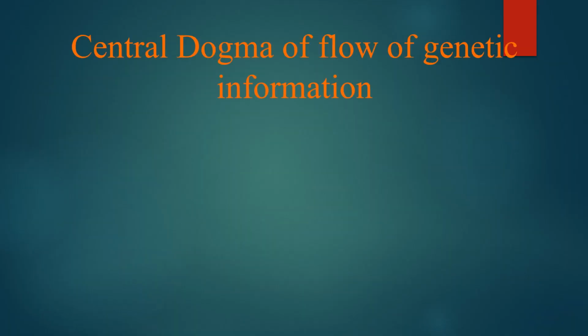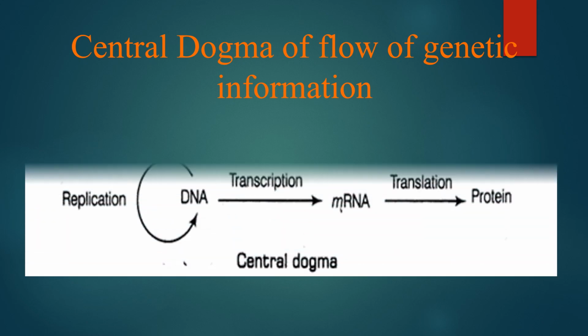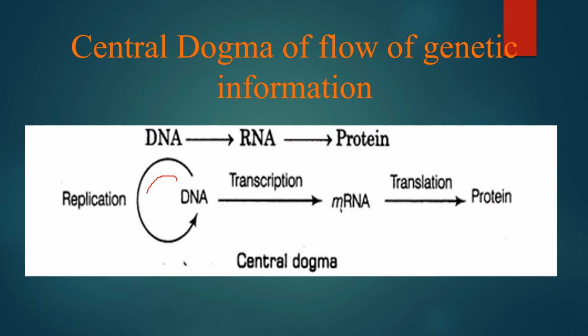Next, we discuss the central dogma, the flow of genetic information. The DNA is copied to DNA by a process called replication. One strand of DNA is copied to RNA by a process called transcription.